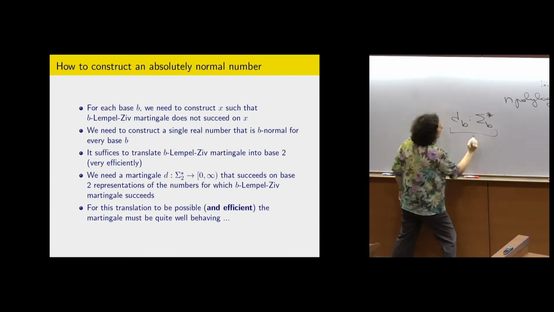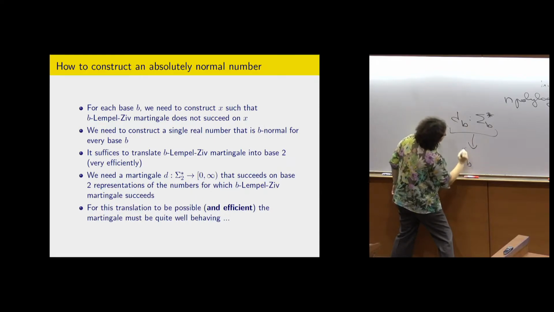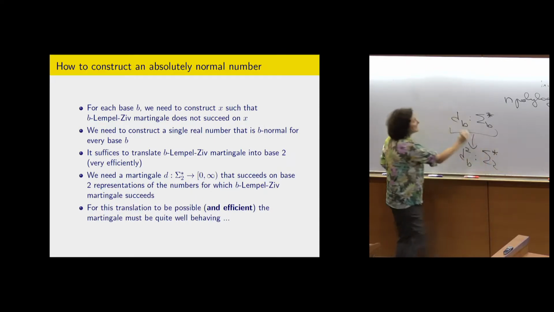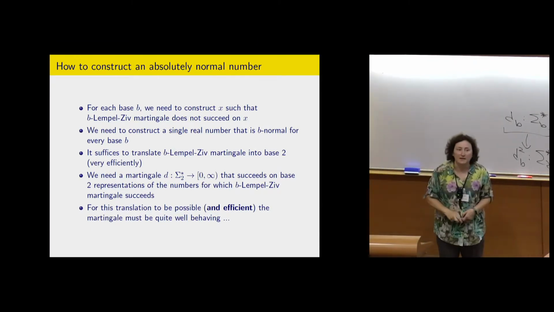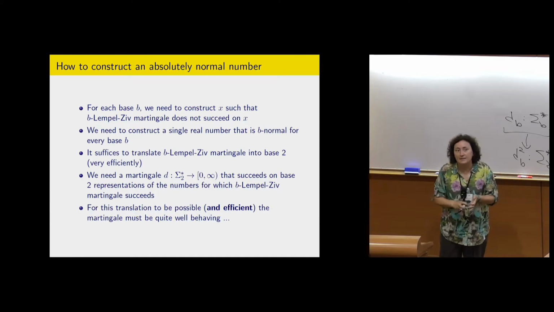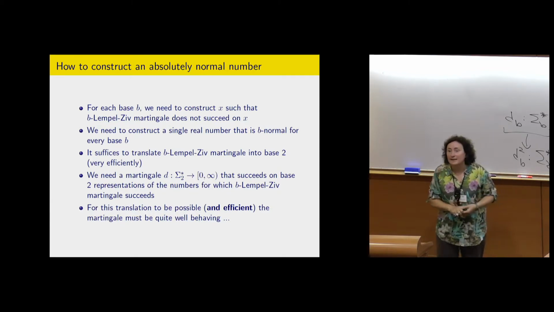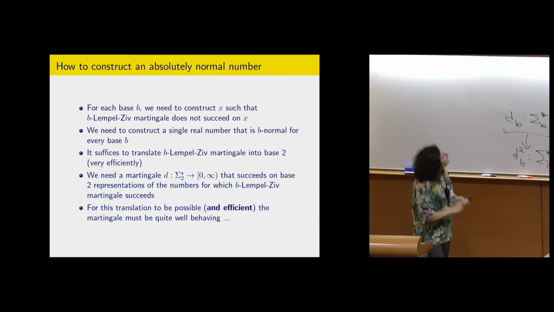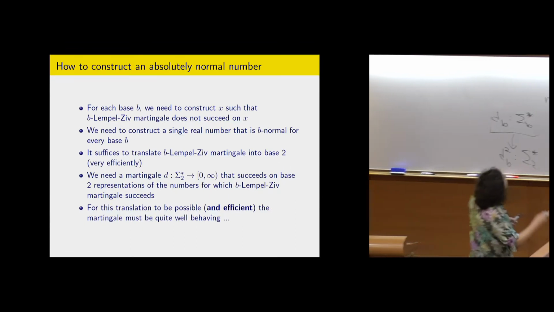I want some equivalent martingale that works with the strings that more or less correspond to sigma_b. They will not exactly correspond, as I told you, because there are always certain uncertainties, but still they need to be pretty close.